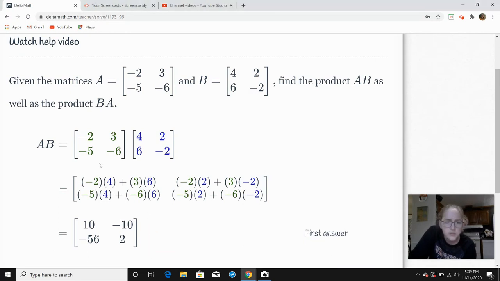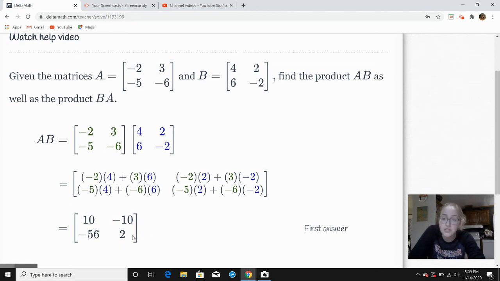Remember, it's row times column, row times column. So I encourage you to pause this right here, get this copied down in your notes, highlight and circle the appropriate things. And A times B is going to give you 10, 10, negative 10, negative 56, and 2. That is your first answer.